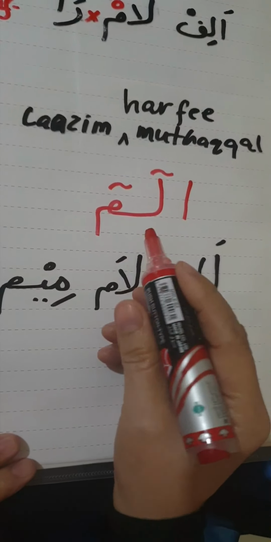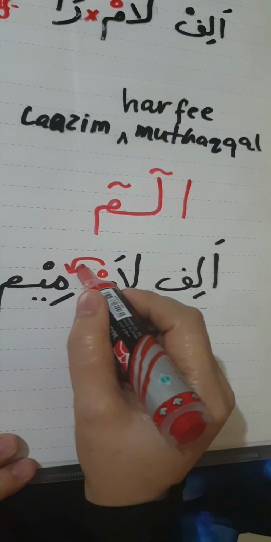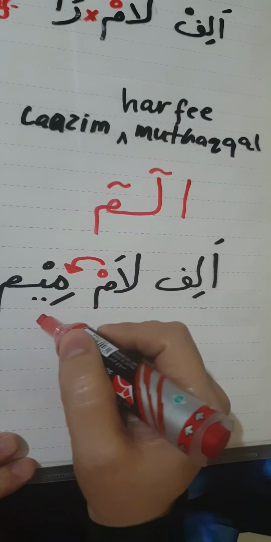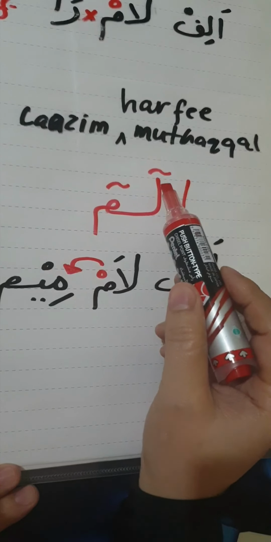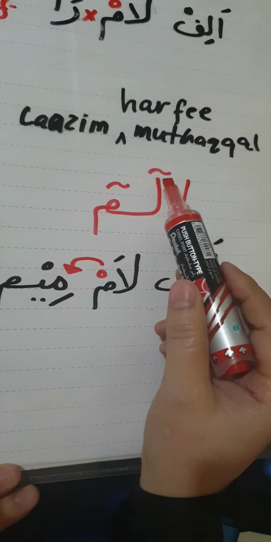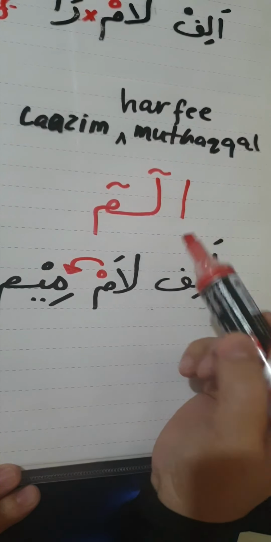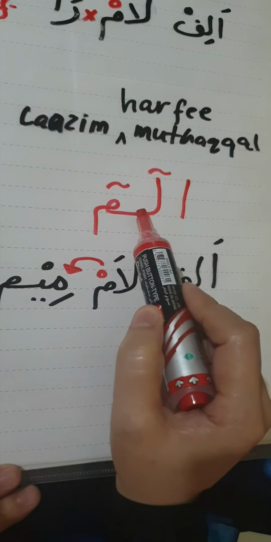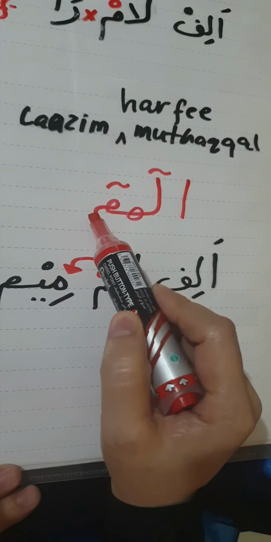Now let's take a look, the mim ends with a sukun, and then it merged to the second mim, which has a kasra. So when we are going to read this one, as you can see, the sanqus lakum group of letters has 6 letter counts long, so you can read this one as alif lam mim.